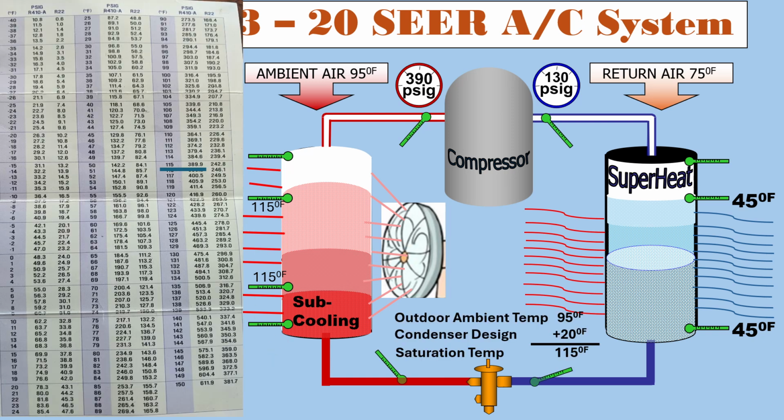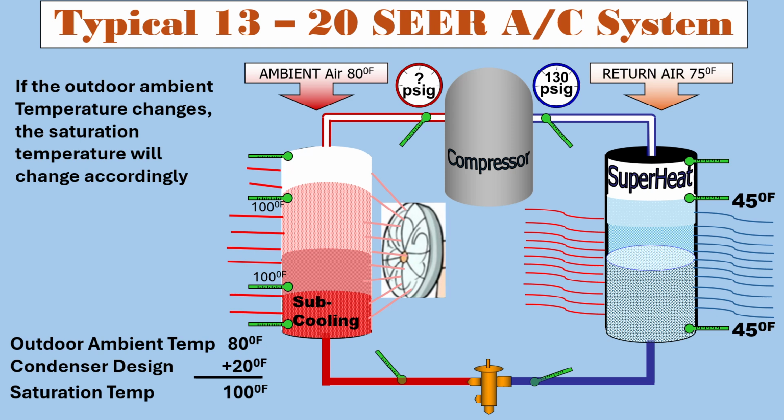And if we come over to our chart, we see that it's 390 PSIG. And again, that's 95 outdoor plus the condenser design, 115. Come to our chart, 390 PSIG.